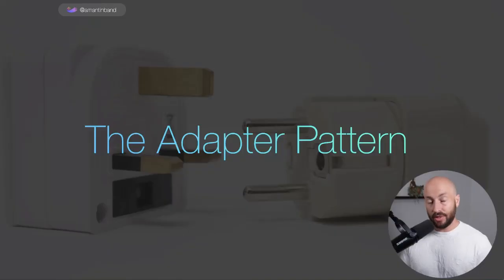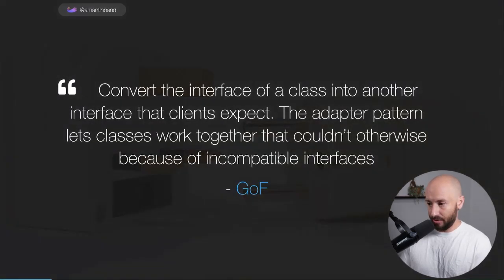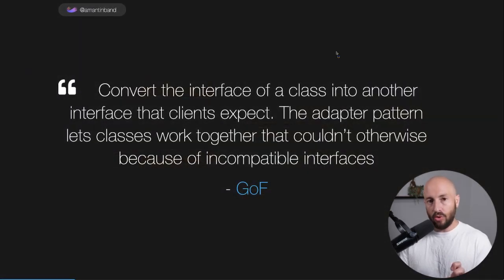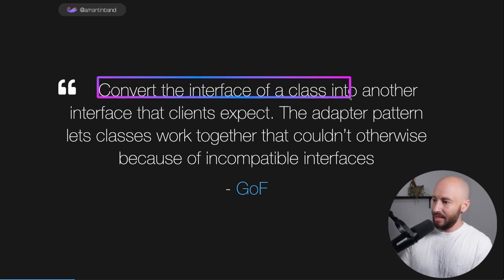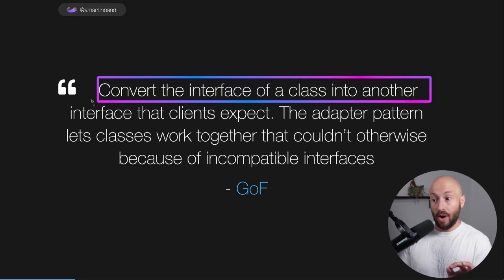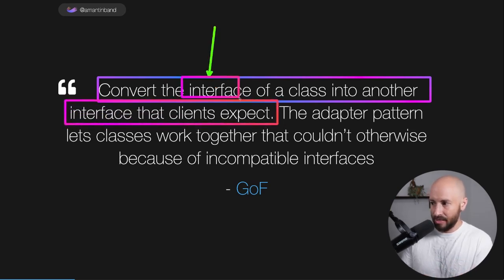So let's start with the definition of the adapter design pattern. The definition or the quote from the Gang of Four book is as follows: convert the interface of a class into another interface that clients expect. Now, when we're saying an interface, we're talking about the behavior that the class exposes. So the underlying class can be a concrete type, can be an abstract class.